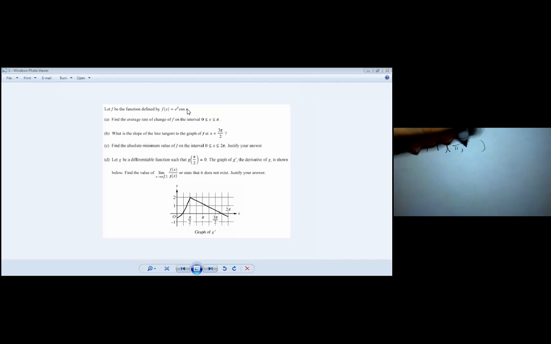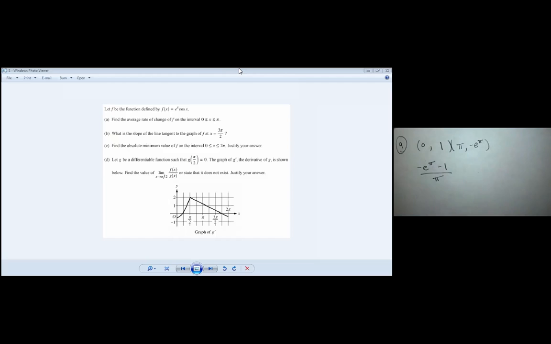So that's going to be negative e to the pi. Pretty bizarre answer coming, but go with it. So the slope is going to be negative e to the pi minus 1 over pi minus 0, which is pi. And that is our average rate of change.